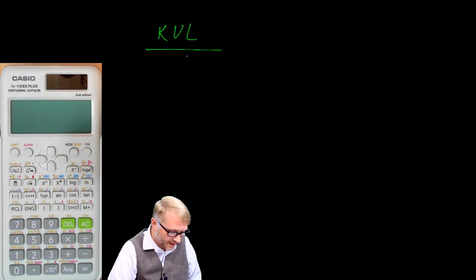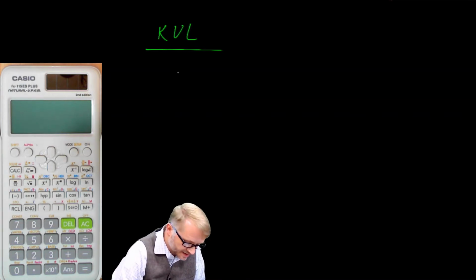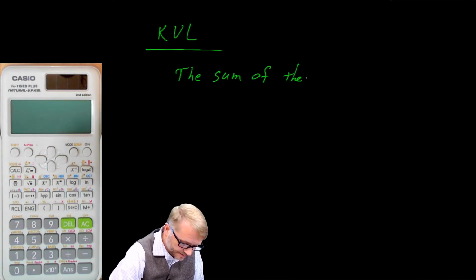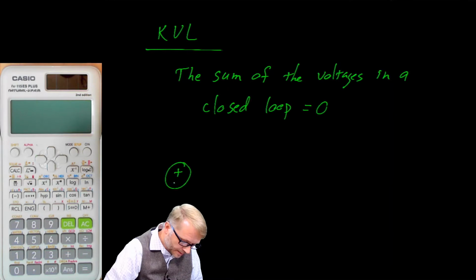Moving on, let's talk about KVL, Kirchhoff's voltage law. And that tells us that the sum of the voltages in a closed loop is 0. You saw this in the lab as well, where you had a power supply set to 8 volts.